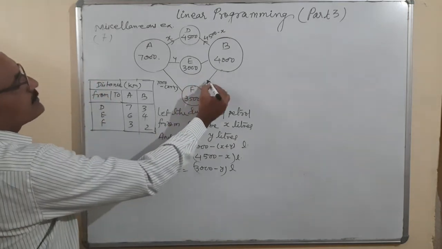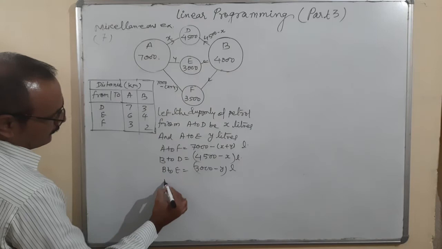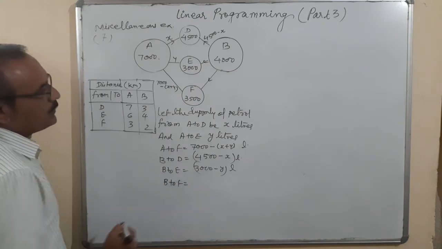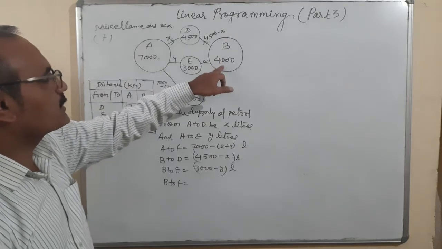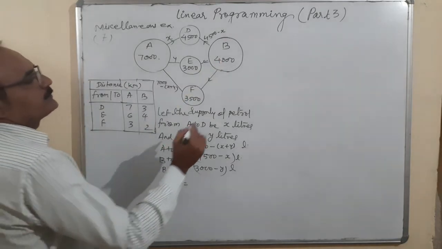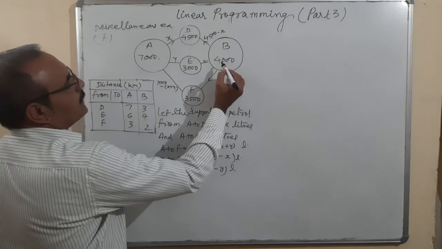And last it is B2F. Supply from B2F. Now how much is left? Here the petrol left is 4000.